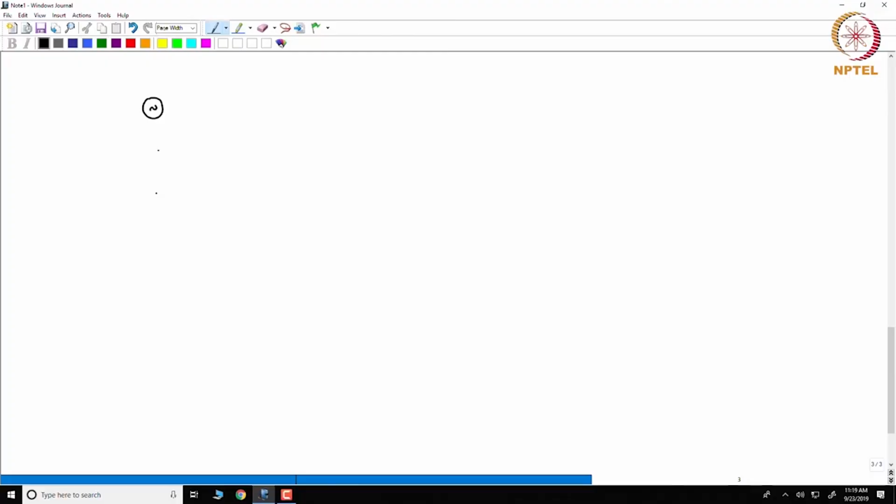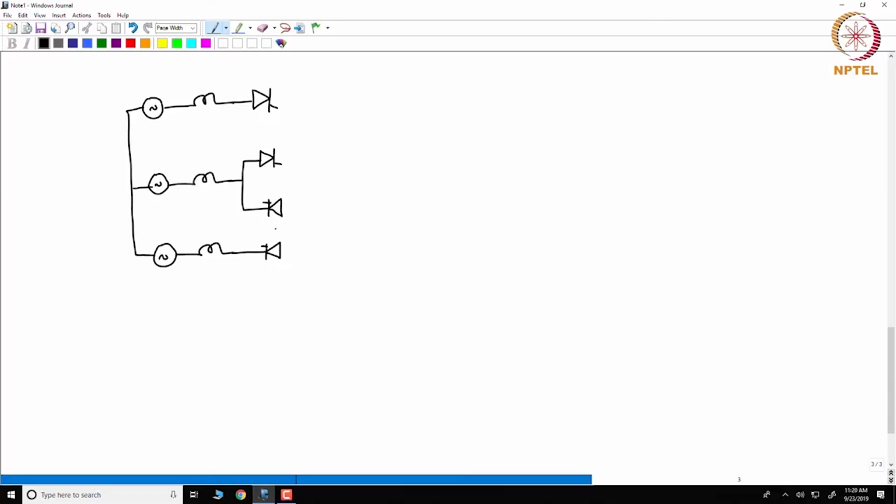If I just retain the elements through which there is a non-zero current, this is the circuit which is applicable for the first subinterval.